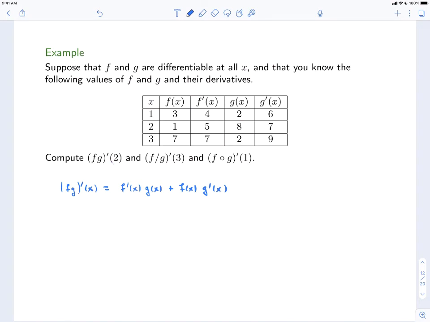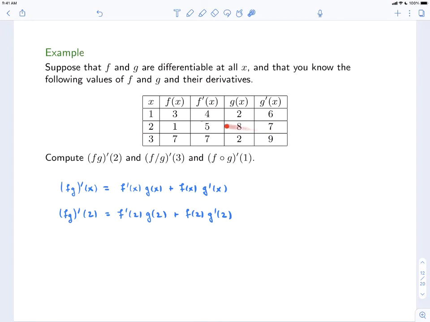So let's just go ahead and plug in x equals 2. So f times g prime at x equals 2 is going to give us f prime at 2 times g at 2 plus f at 2 times g prime at 2. We don't know the general formulas for f and g, but we do know their values at 2. And that's all that we need to know.